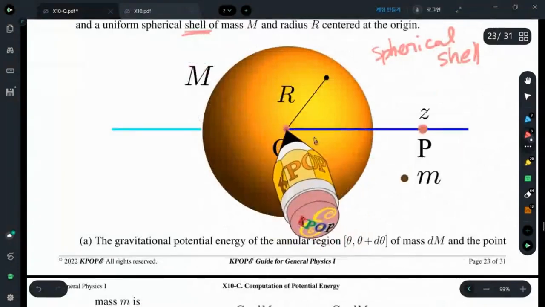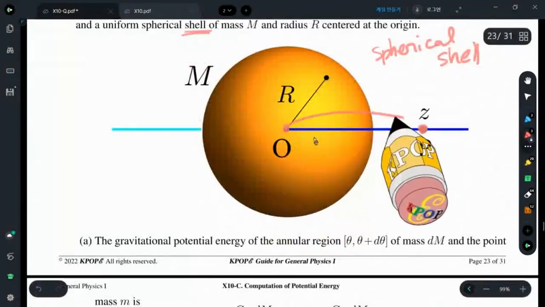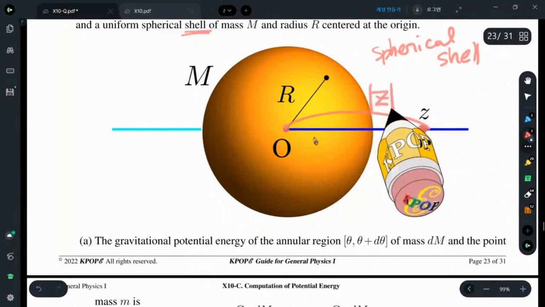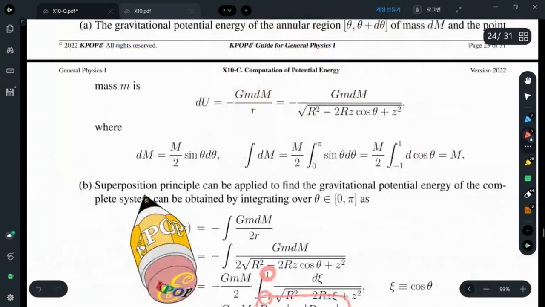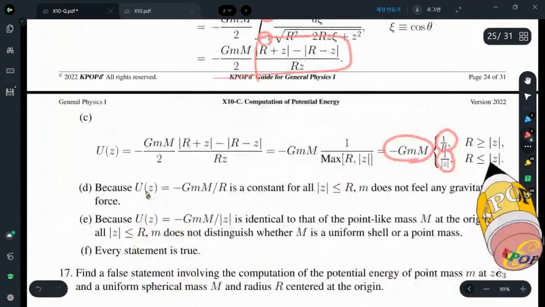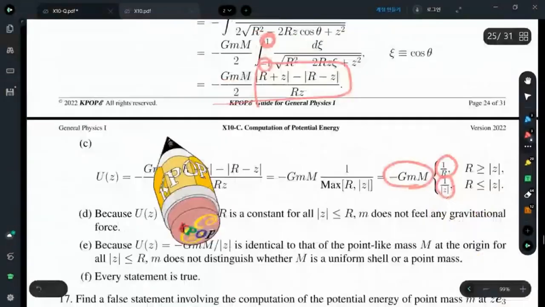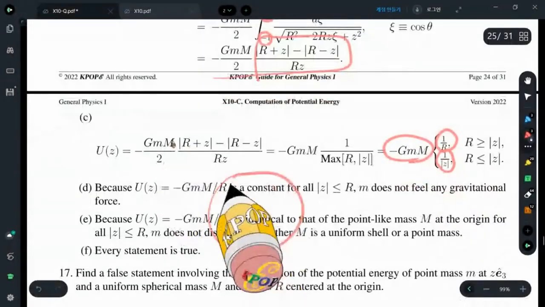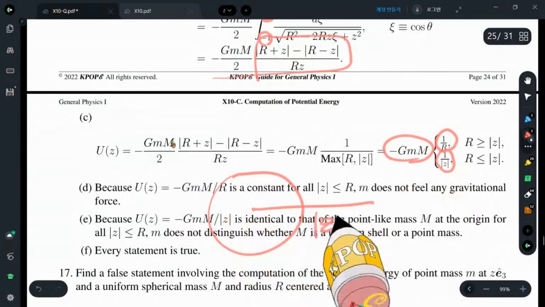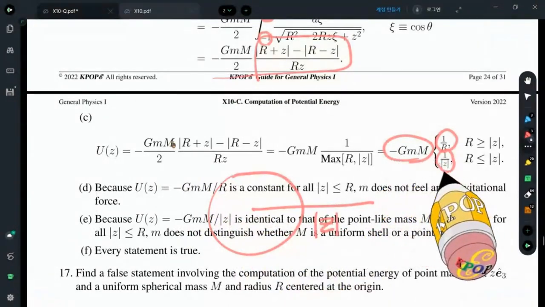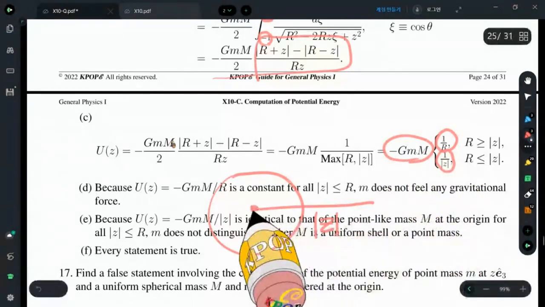It is the distance from the center of the sphere to the point mass, the absolute value of z. When z is greater than the radius, then it is 1 over z. Okay, we have a sphere, distance z. The potential energy is minus GMm over z, the distance between the point mass and the center of the sphere.